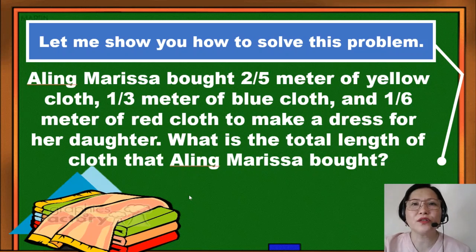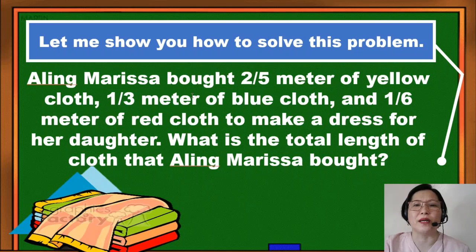Now, after identifying the operation to be used, the next thing to do is to identify what you are going to add, since the operation you have found out to use is addition. So, the numbers that you're going to look for are the important numbers that are really needed in order to solve the problem.